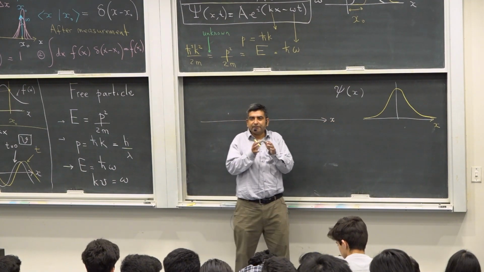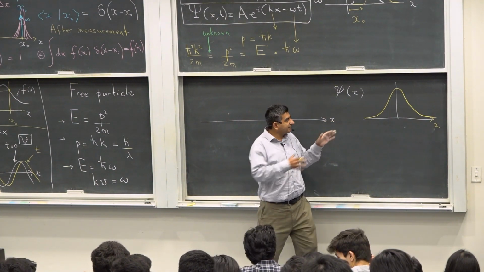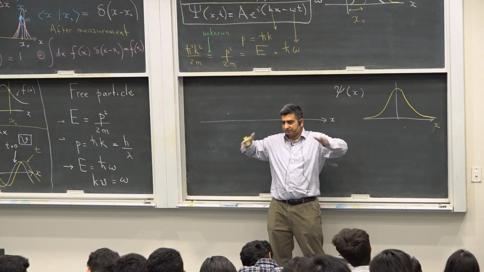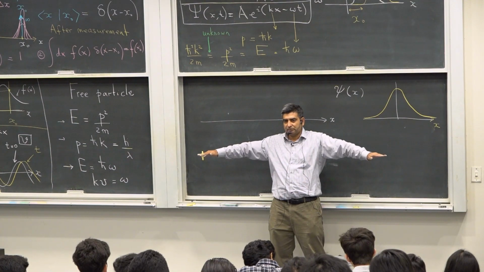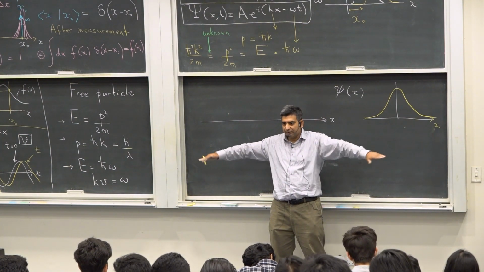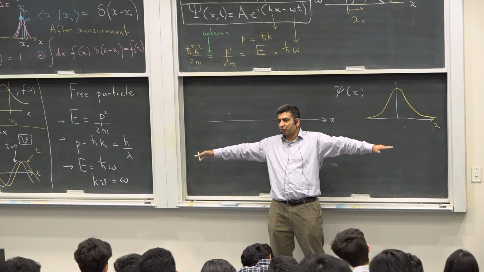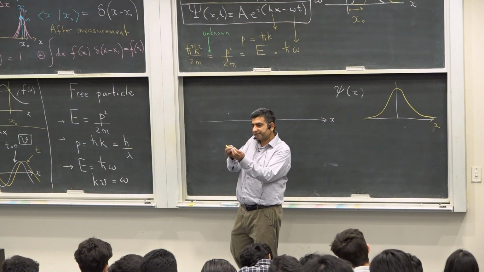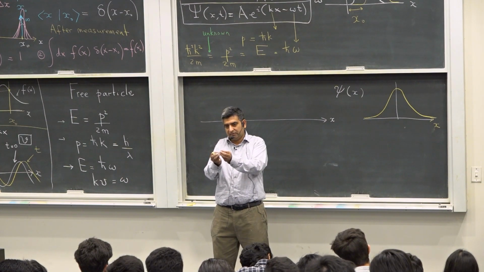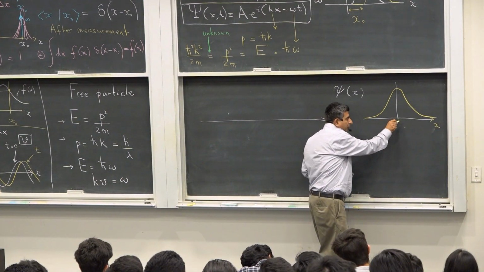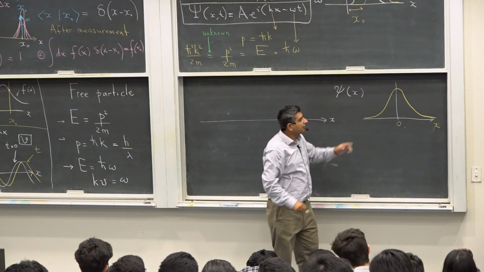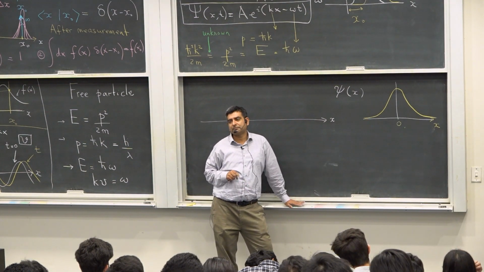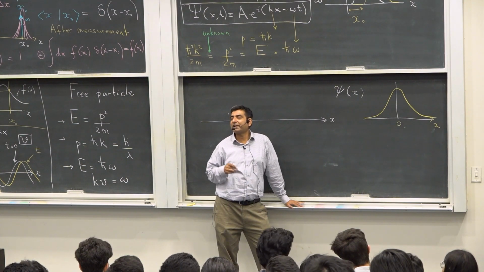This is localized. It's concentrated somewhere and just tapers off steadily to zero far away. So this is more realistic. It might represent a localized particle that is somewhere in the vicinity of this point x0. This function has a mathematical form that you may like to remember.